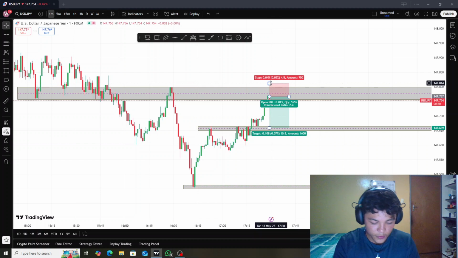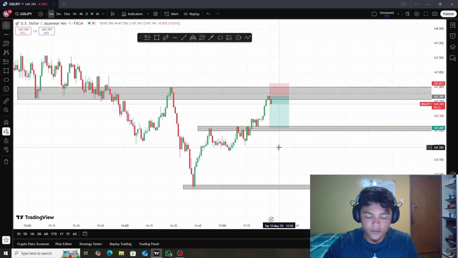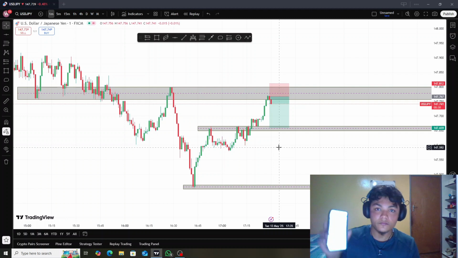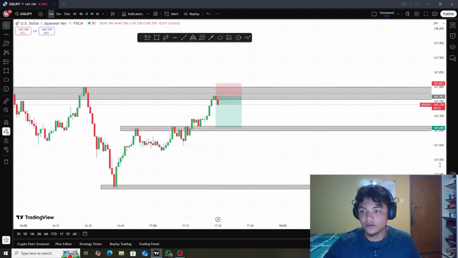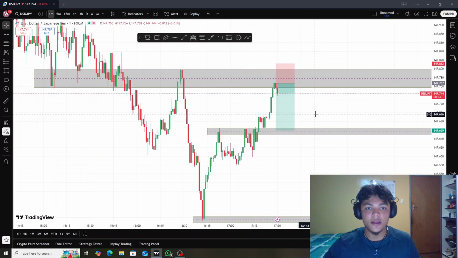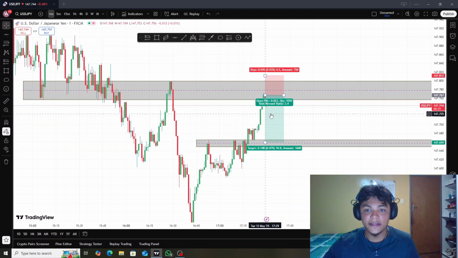Stop loss would be 147.65. There we go. So I'll place the trade now. Let's see how this is going to pan out. Remember, I only used support and resistance for my entry points.